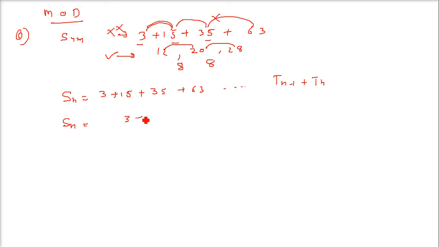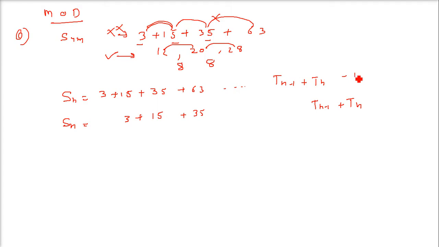So I am writing 3 here, same series I am writing, but just shifted. 3 here, and then we have 15 here, 35 here, and because I have shifted it, below this Tn will have Tn minus 1, and here we have Tn. Now we will subtract these two.